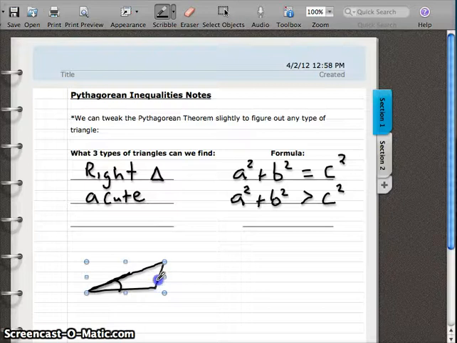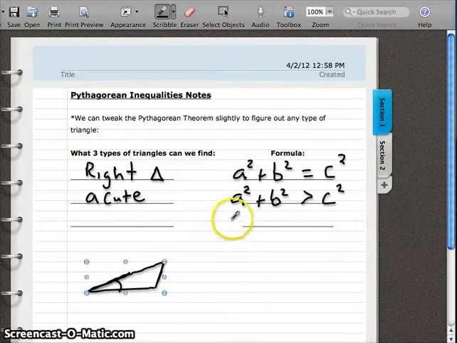So if I have a small angle, then I have a small side. And if that side is supposed to be the biggest side on our triangle, then I have a small triangle. I have an acute triangle.